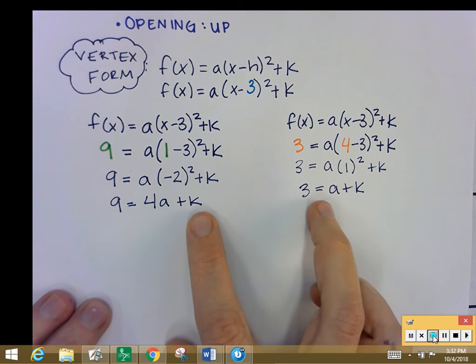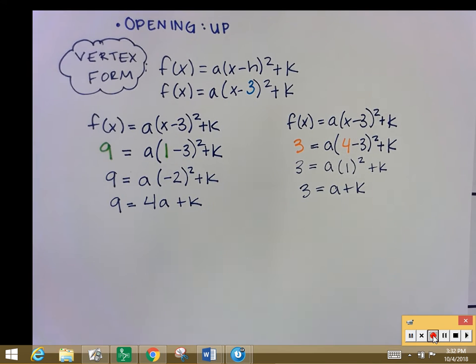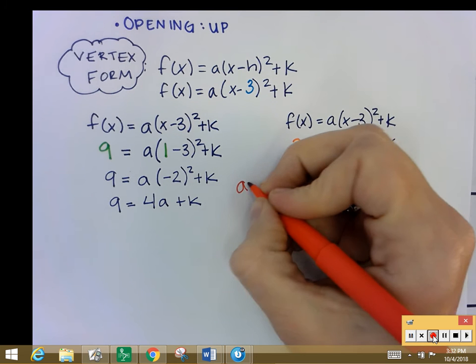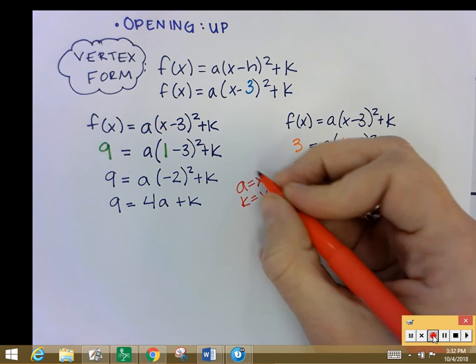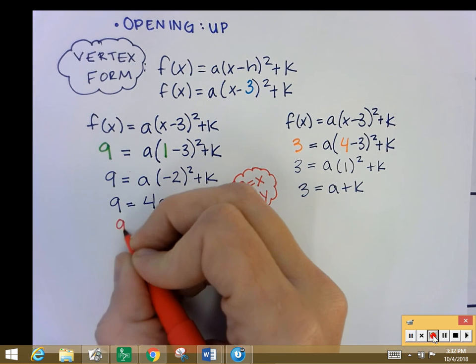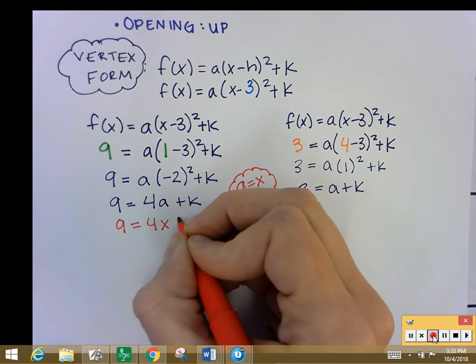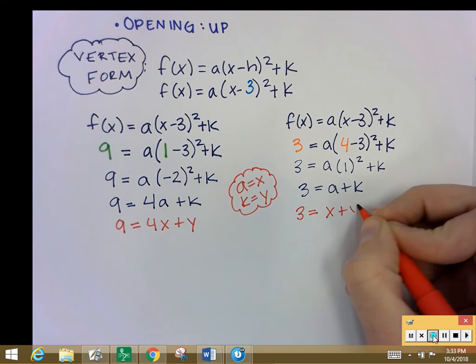But our graphing calculator doesn't graph in a and k, it graphs in x and y. So I'm going to change my a and k to an x and y. So I get a equals x and k equals y. So I'm just going to change my variables. So I get 9 equals 4x plus y, and here 3 equals x plus y.